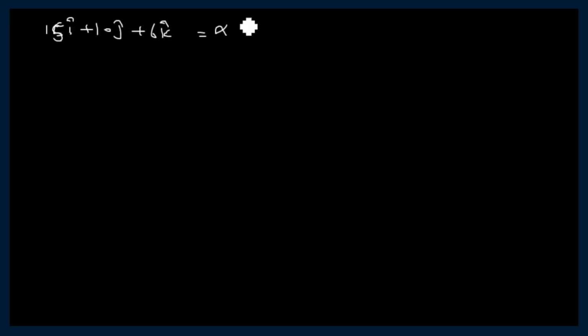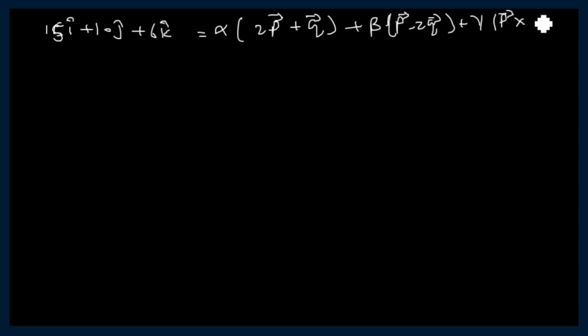Basically alpha times what? 2p vector plus q vector, and then we have plus beta, right? Beta के साथ क्या है? p vector minus 2q vector, and plus gamma, and this is what? p vector cross q vector.